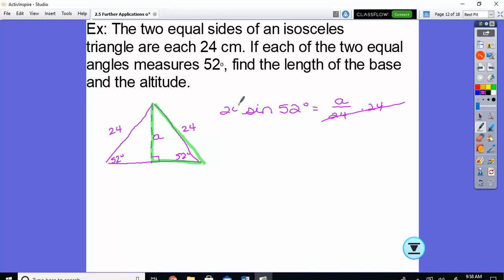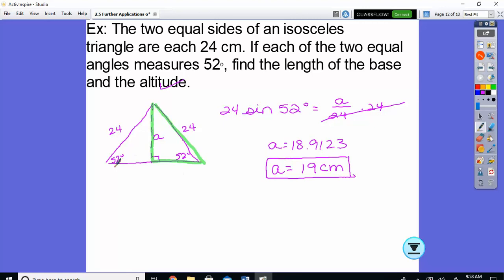Multiply that 24 over. We get 18.9123, but if I want significant digits, that's just two significant digits. So we say 19 centimeters. Okay, that was one of the questions.